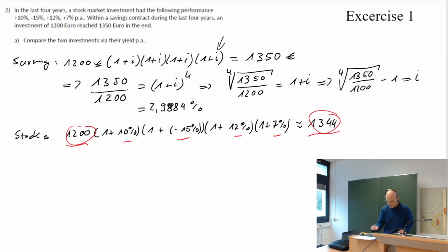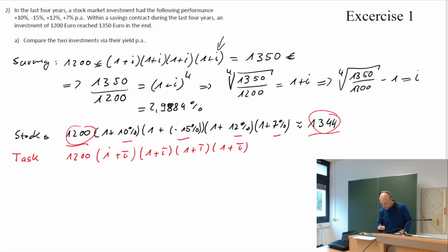So the task here is 1,200 times 1 plus, I call it now i bar for an average interest rate in the first year. And now we are not differing for the second year, but again the same one, i bar, 4 times, sorry.